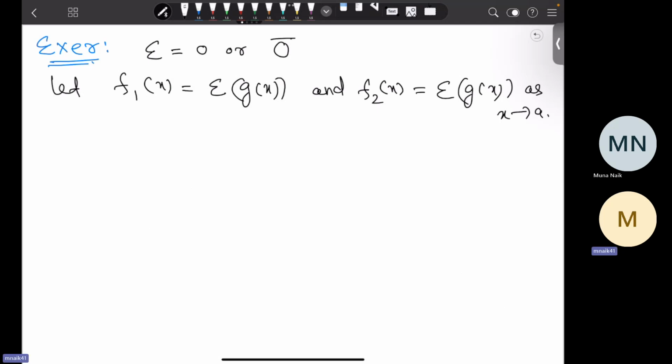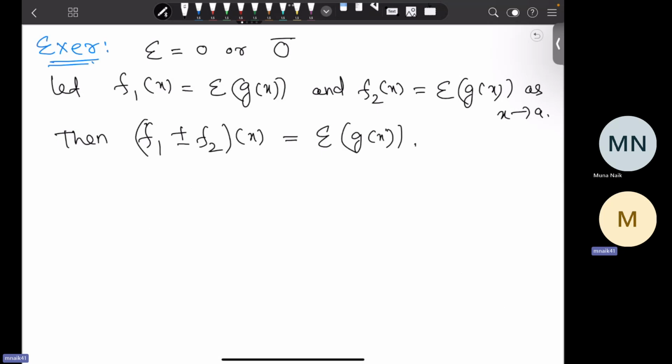Then f1 plus or minus f2 is also epsilon of g(x), where f1 and f2 are functions from Rn to Rm, and g is from Rn to Rk.